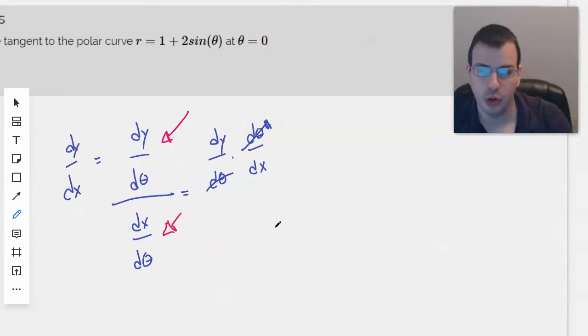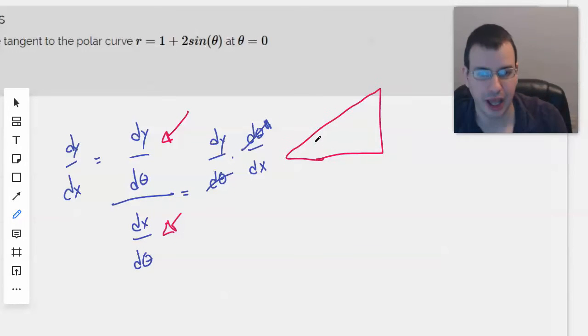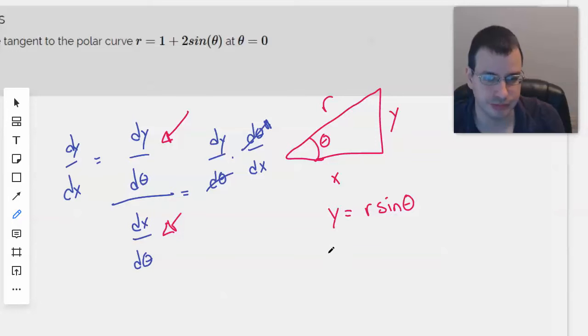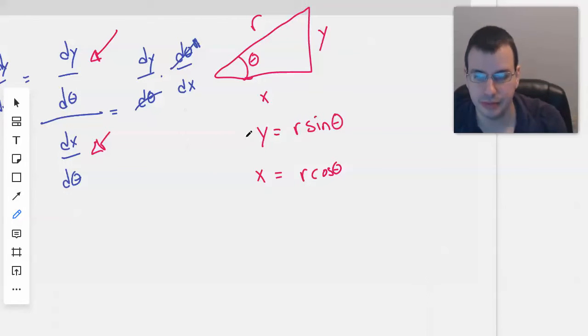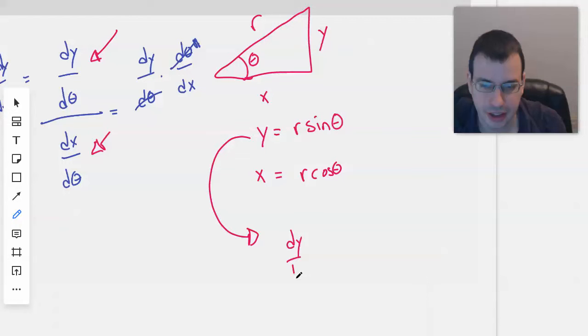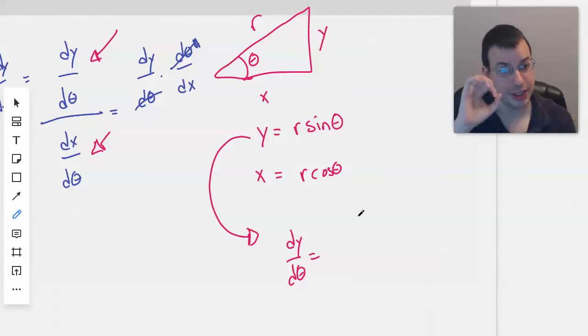So if we have our triangle here, we have a theta, we have an r, we have a y, and we have an x. And y would equal r sine theta. X equals r cosine theta. So if we do dy/d theta, now this is going to be the product rule.